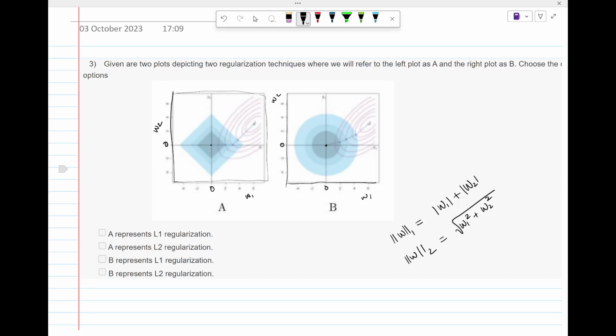Okay, so when W1 is equal to some K, if this value is K, this will be minus K, this will be plus K, this will be minus K. So this is the region when the norm is equal to K.